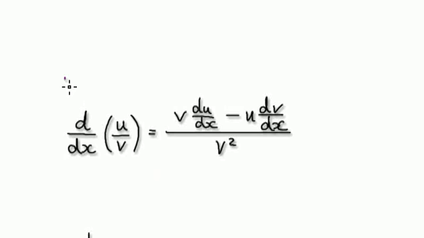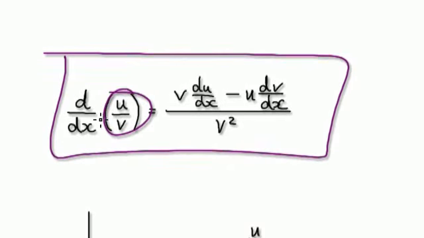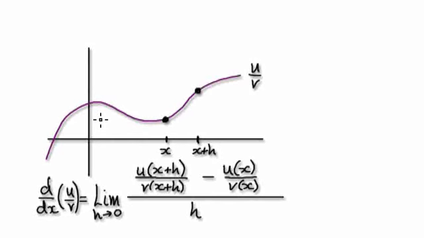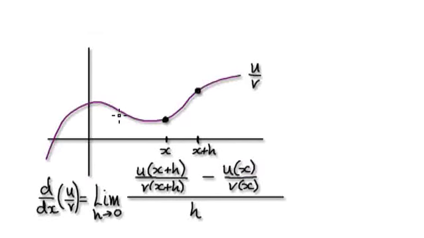Okay, so in this video we're going to try and understand why this works. So first start out by drawing your graph here. This graph could be anything, but this line here represents u divided by v. So set up 2 points A and B, and as usual you would put this into this thing here.